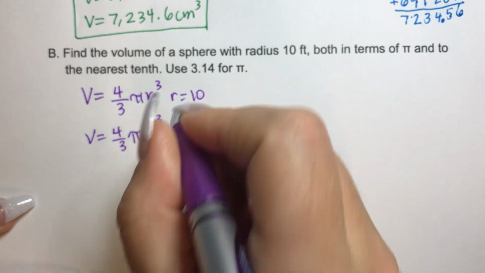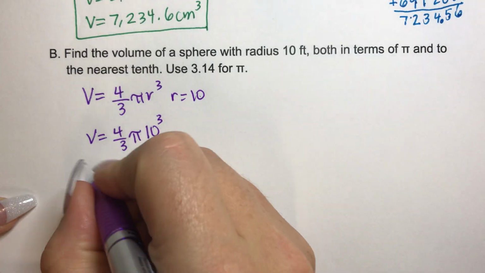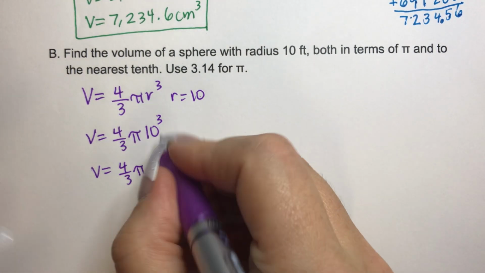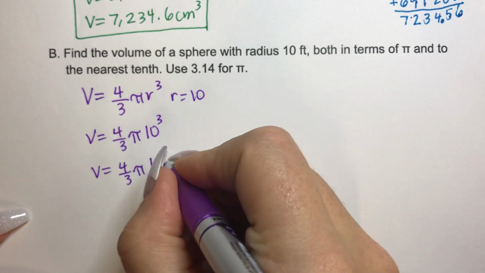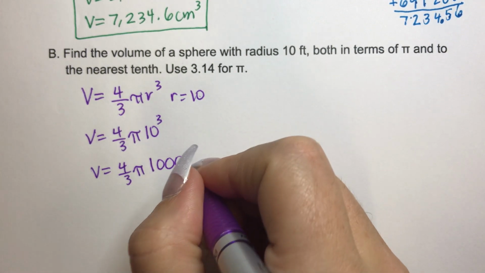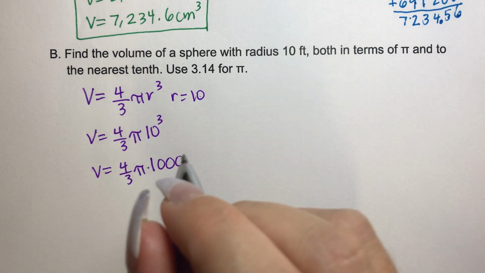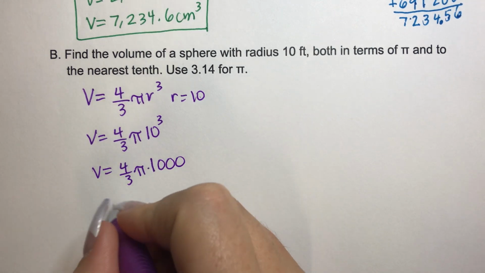And it's going to be 10 cubed, which is the same thing as 10 times 10 times 10, which is 10 times, that would be 3 zeros. 1, 2, 3. Perfect. And then we just need to multiply that by 4, and we would get 4 times 1,000 is 4,000.